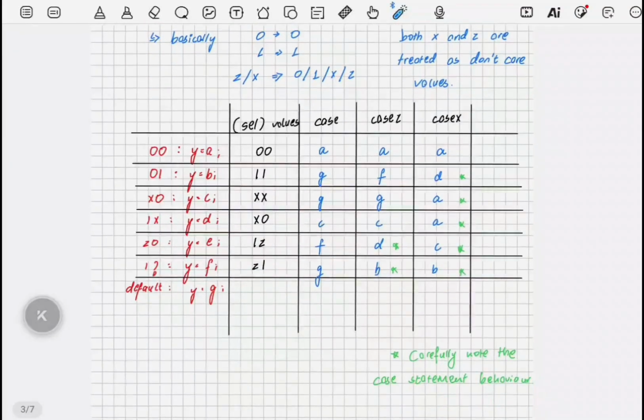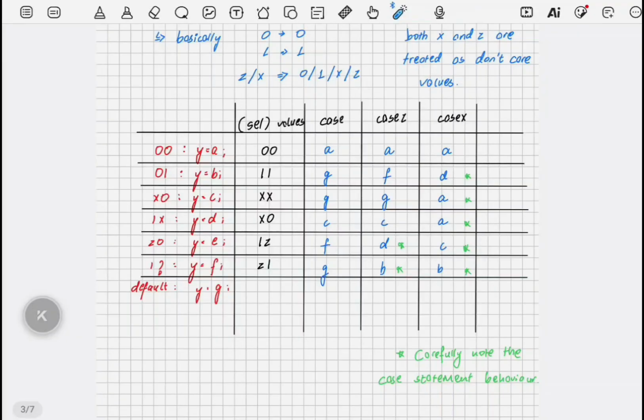Okay. Now this is a very important example and I need you guys to concentrate. This table has the case expressions, and based on the select values in this column, I'm telling you how each statement will map it. First, don't look at this.